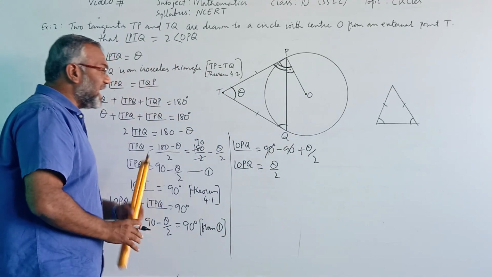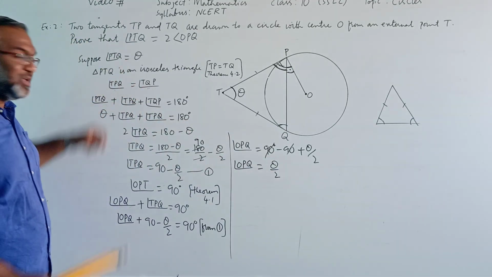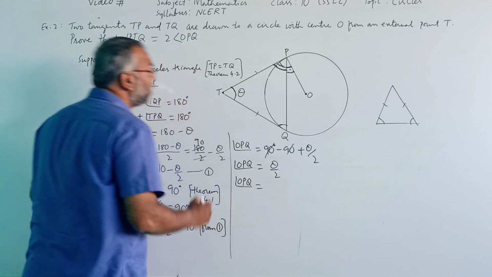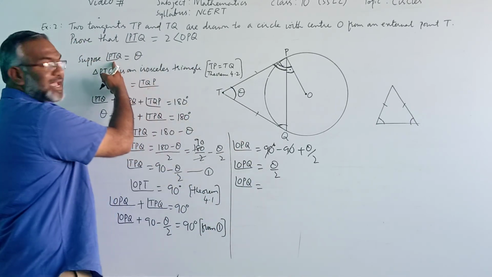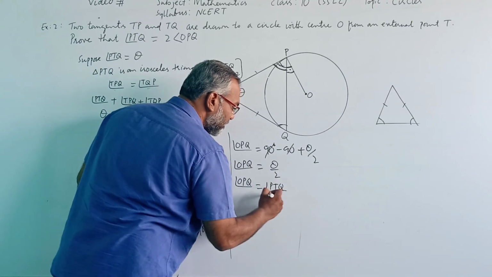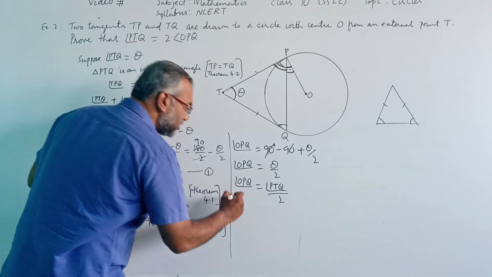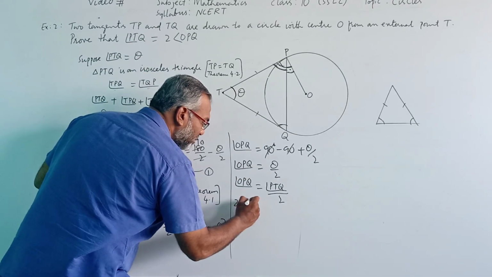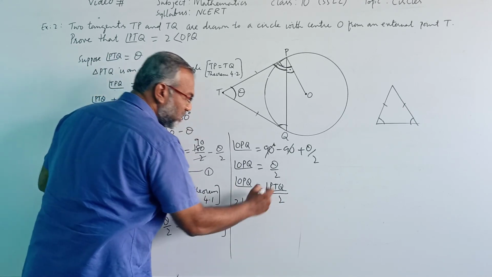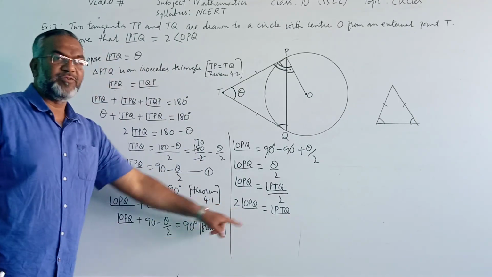But what is theta? Theta is the angle PTQ we considered in the beginning. So OPQ is equal to angle PTQ divided by 2. Take this 2 here. It becomes 2 angle OPQ is equal to angle PTQ. This is what we had to prove.